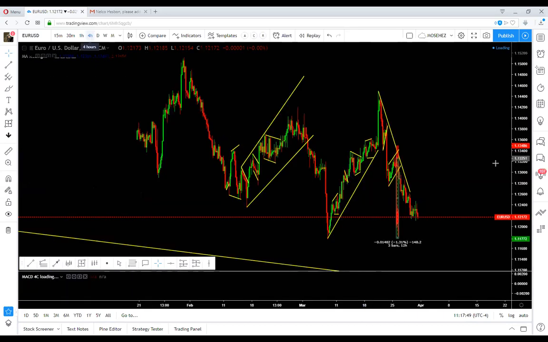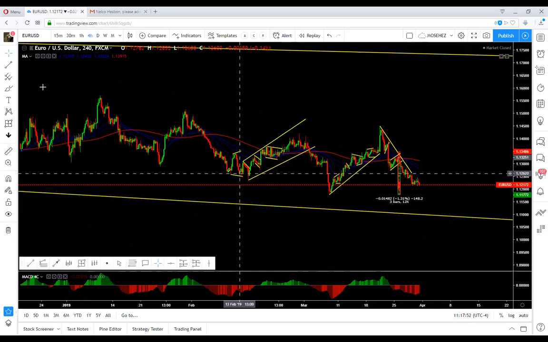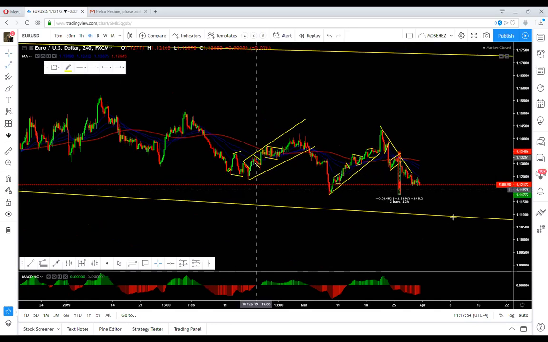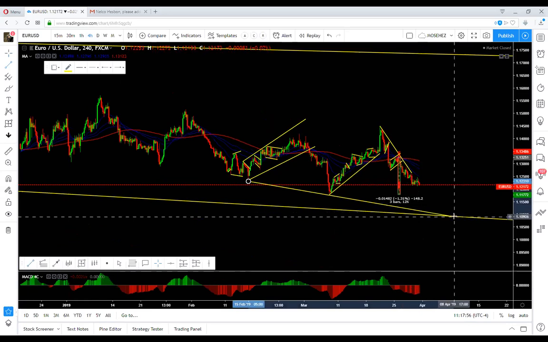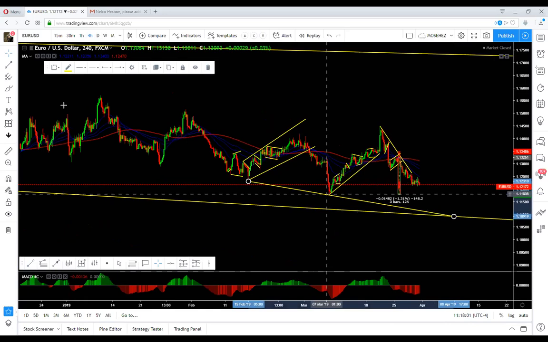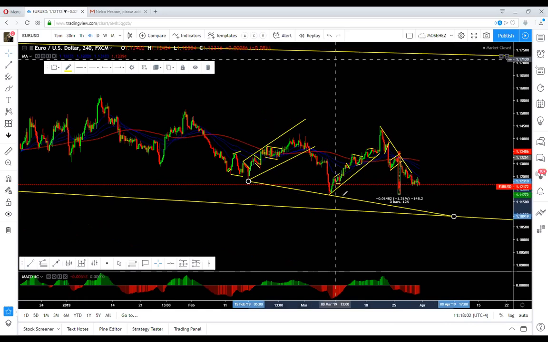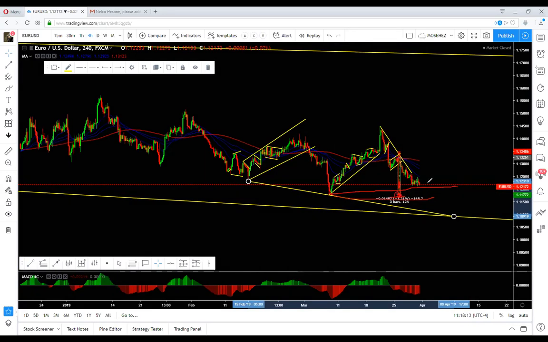If we are looking at this particular move the way it happened, I expect it can keep moving down, but the level that I'm looking at is at least these lows. It is possible for it to hit this particular point, but it is okay. This move can change anytime, right?